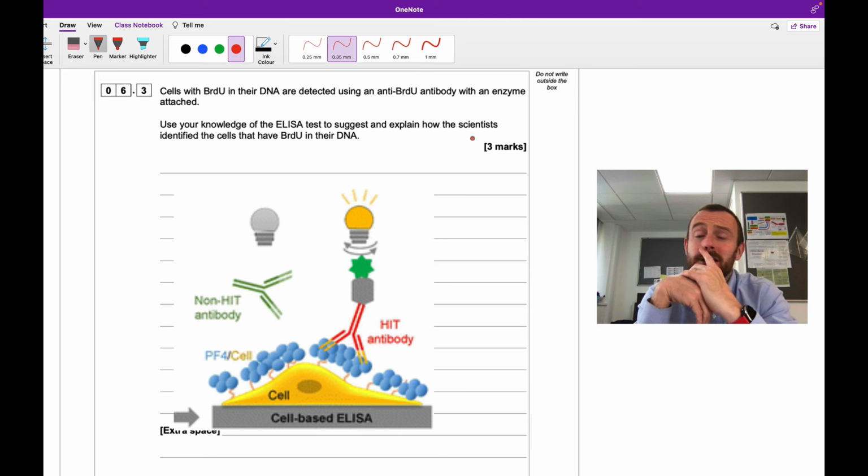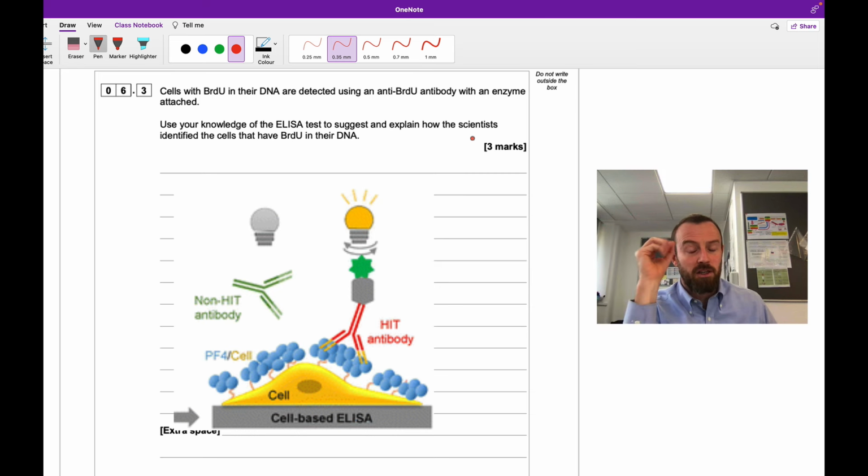Maybe we'd have a tissue culture of the cells, apply the antibody, allow it to stick or not stick, wash it off, and then add a substrate that produces a color change. Normally we have a colorless substrate that, when the enzyme acts, becomes blue. It's quite often blue, I don't know why, enabling us to identify the cells with the BRDU.